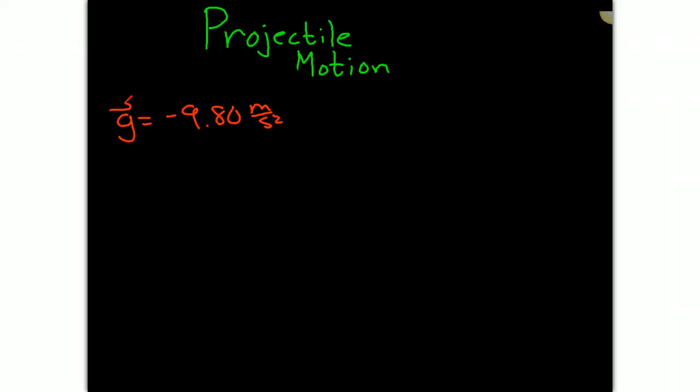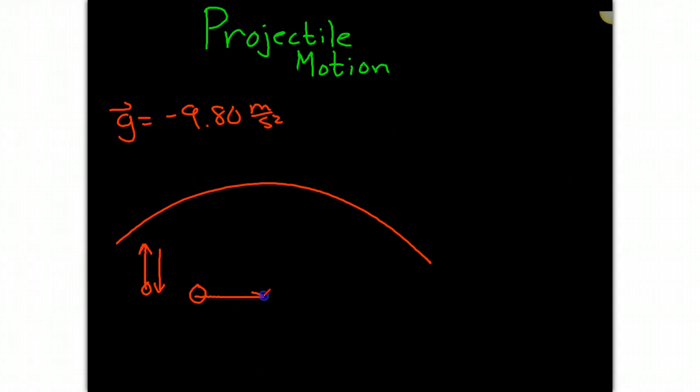One thing I forgot to note, when you have a projectile, this is also reviewing, I like to act like a ball's being thrown up and it comes back down. That's the y direction. I also like to act like a ball rolls and it doesn't slow down, it doesn't speed up. That's the x direction. The only thing that links the x and y direction is the time.